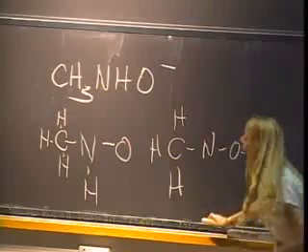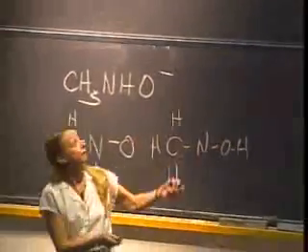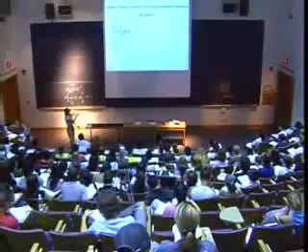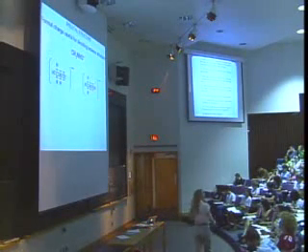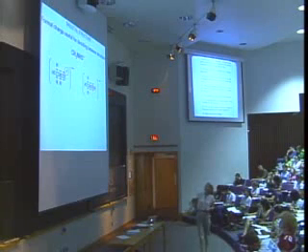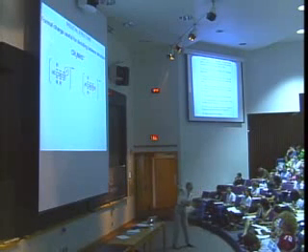And that's the question we're going to ask on this slide. Is this the correct structure, or is this the correct structure? So I drew the skeletal structures. I drew the Lewis diagrams. Which one's right?